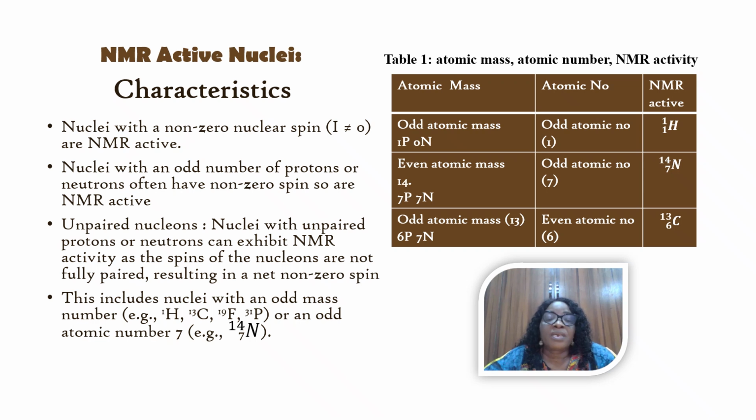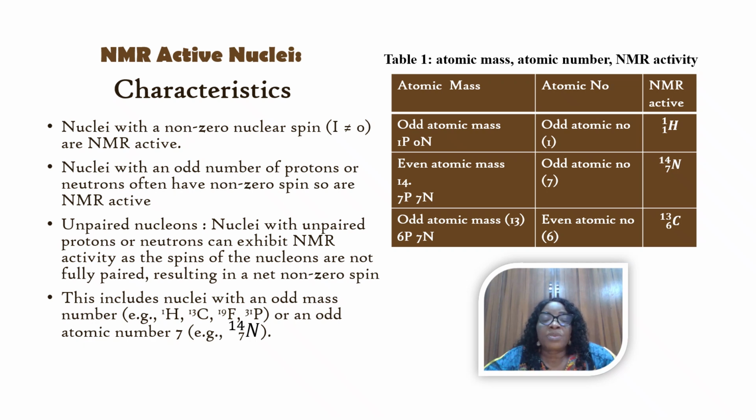Odd numbers are integers that are not divisible by 2: 1, 3, 5, etc. Even numbers are numbers that can be divided into 2 equal parts without a remainder: 2, 4, 6, etc. Nuclei with unpaired protons or neutrons can exhibit NMR activity as the spin of the nucleons are not fully paired, resulting in a net non-zero spin.